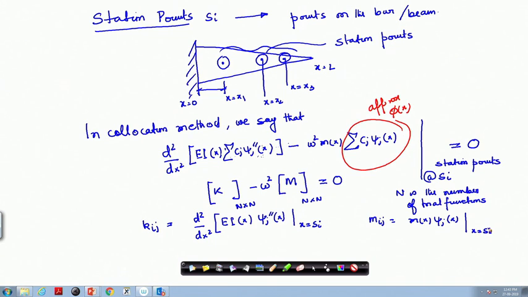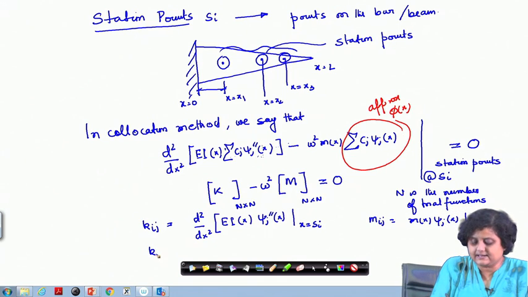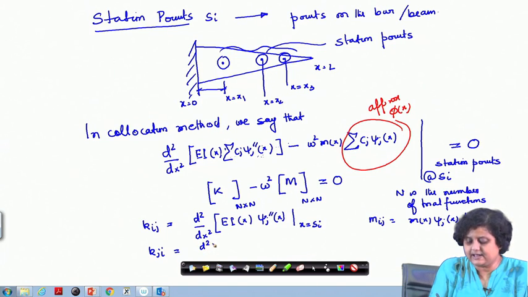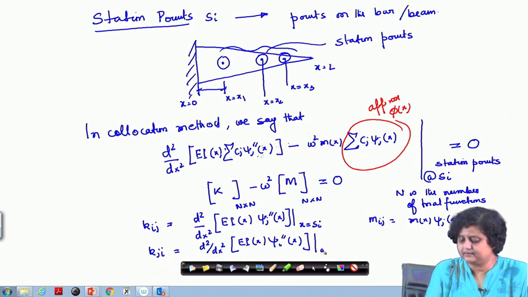Now, one thing to be noted is that these matrices K and M, unlike the Rayleigh method, are not symmetric. It is unsymmetric because Kji is not equal to Kij, and Kji is d2 by dx square into Eix psi i double dash x at x equal to Sj.